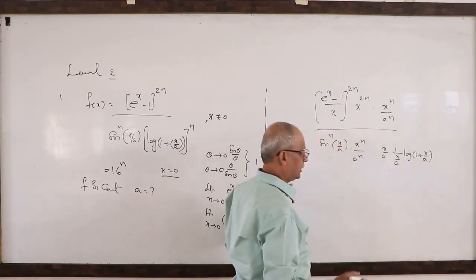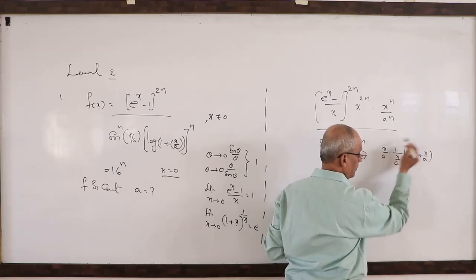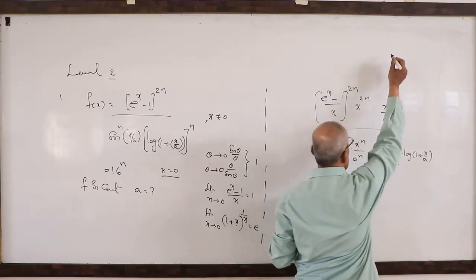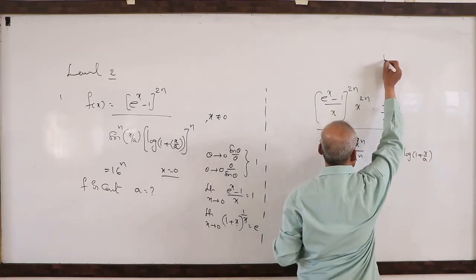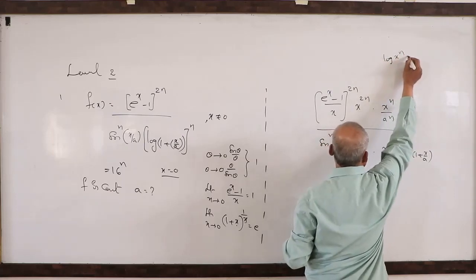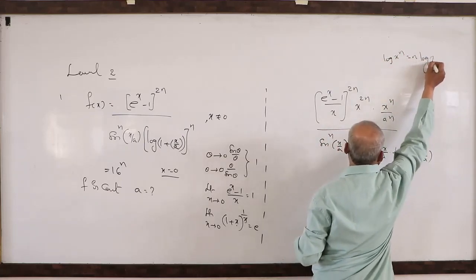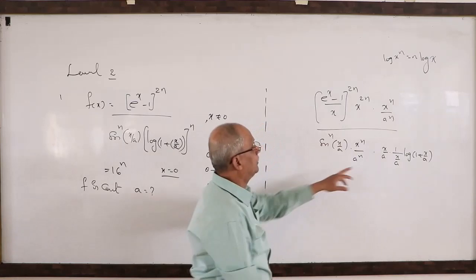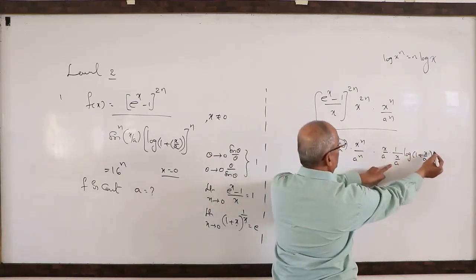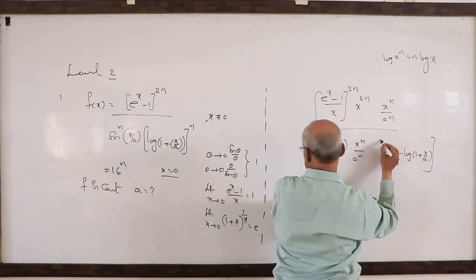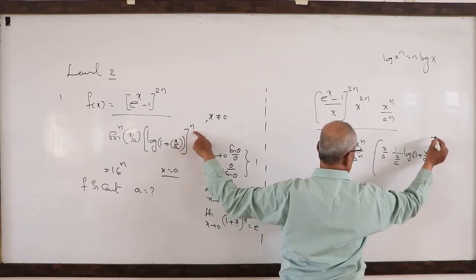Why? Because later I will take this to power rule. We know in logarithm log of x power n is n log x. Then this will take to power here. All these things we are doing under this power n.